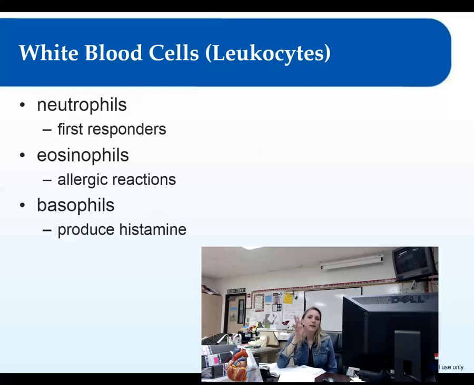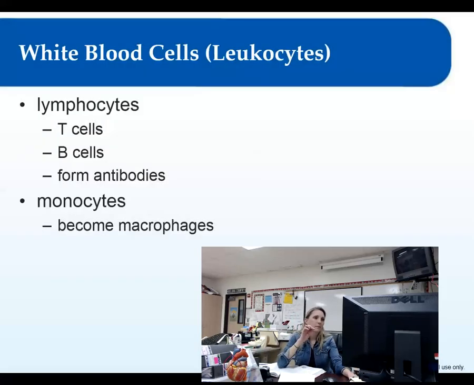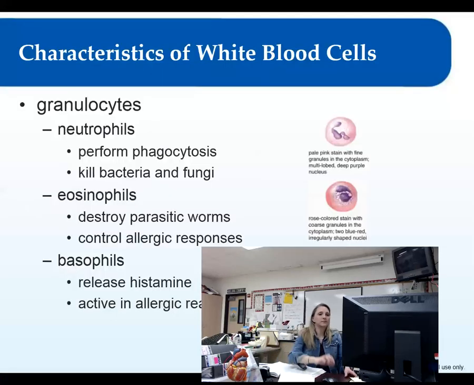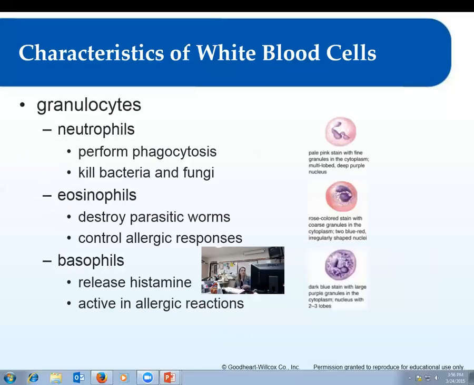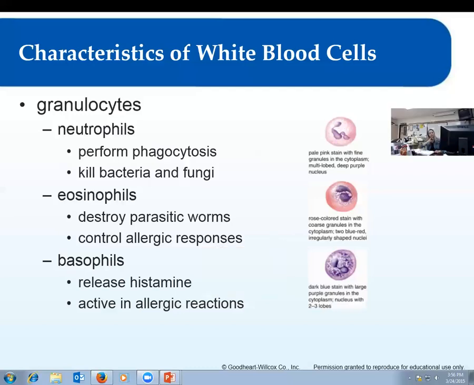There are 5 basic types of white blood cells: neutrophils, eosinophils, basophils, lymphocytes, and monocytes. Let's look at some of the differences in these. There's a picture of these on page 344. It's a whole big table, and it gives the same information.